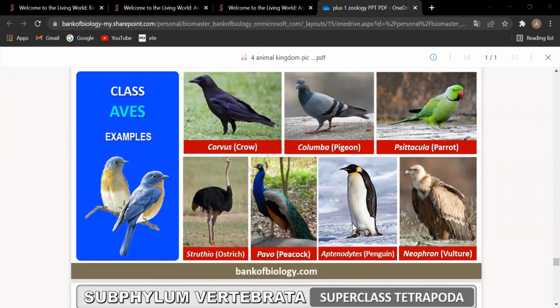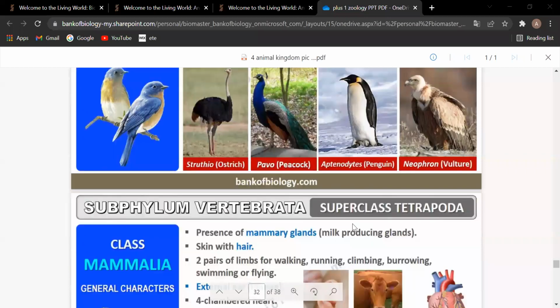But all to know: crow, pigeon, parrot, ostrich. You know these. I know these all are birds. But scientific names are important. Corvus, Columba, Psittacula, Struthio, Pavo, Aptenodytes, and Neophron. All belong to Aves. Okay.